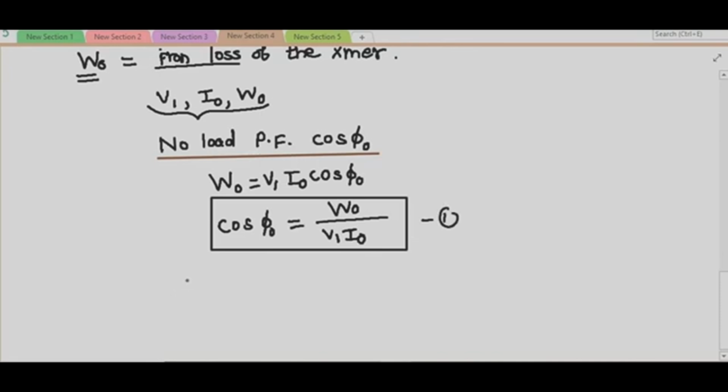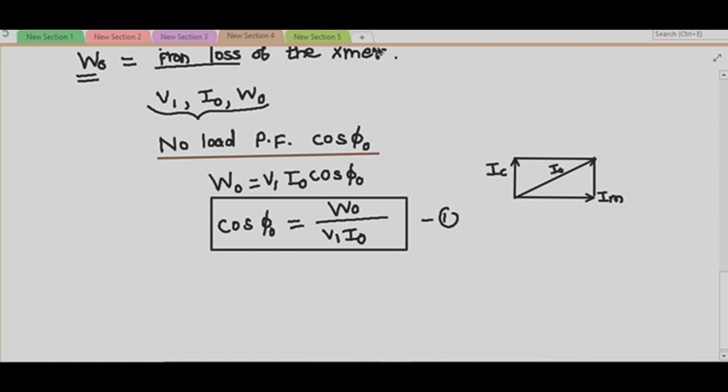Now from the no load phasor diagram we have seen, I0 is the vector sum of what? Im is along the x axis, because we have taken flux as reference. Then Ic is in phase with E0, in opposition to your E0. The vector sum of Im and Ic is nothing but your I0.